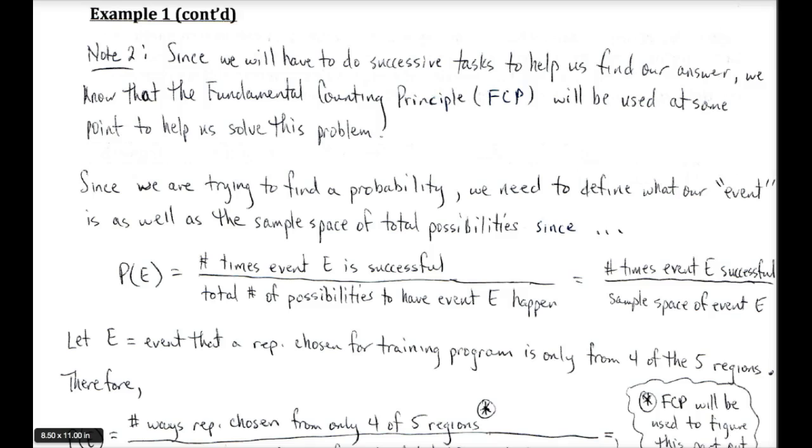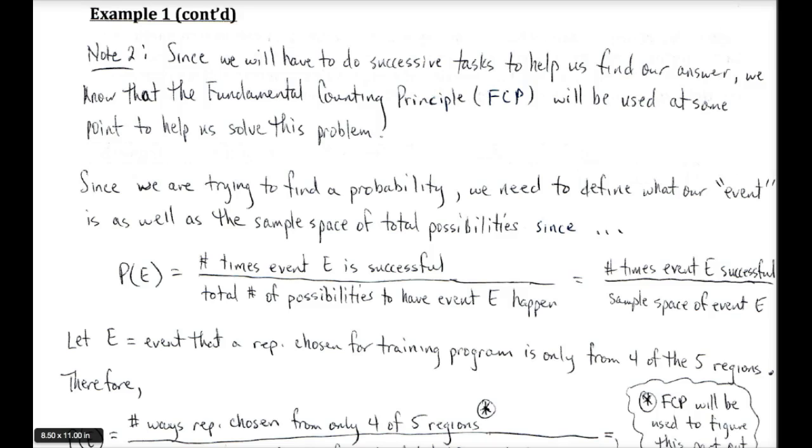A probability is basically a ratio of the number of times an event is successful over the total number of possibilities that you can have for that event to happen, the total number of ways it can happen. And so in looking at this particular problem, we know that the total number of possibilities to have that event happen is the same as its sample space.